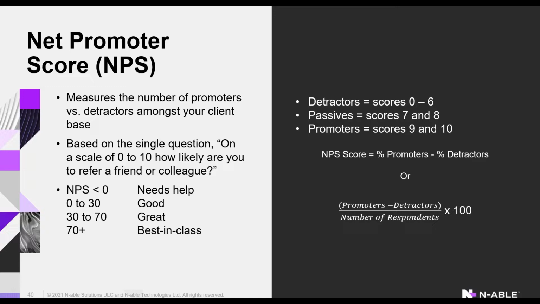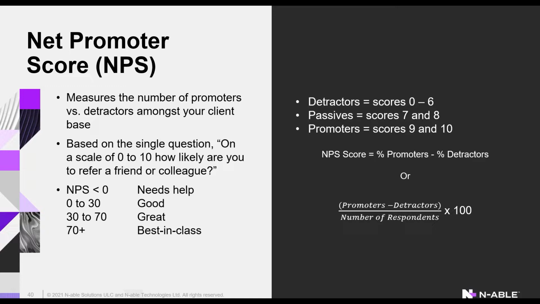And what this measures is what we call promoters versus detractors. Detractors are people who will never, under any circumstances, ever recommend your services to a friend or colleague. Okay. Promoters are somebody that are always going to recommend you. And this is a scale of 0 to 10.